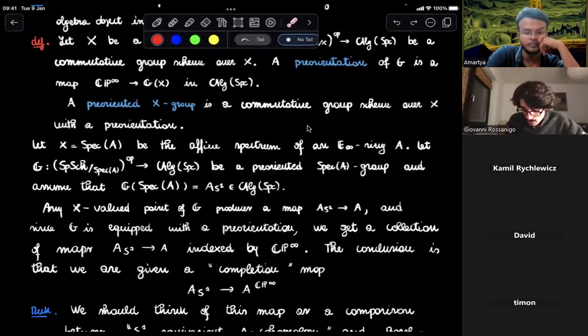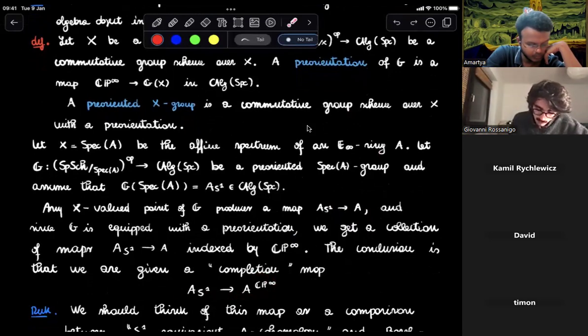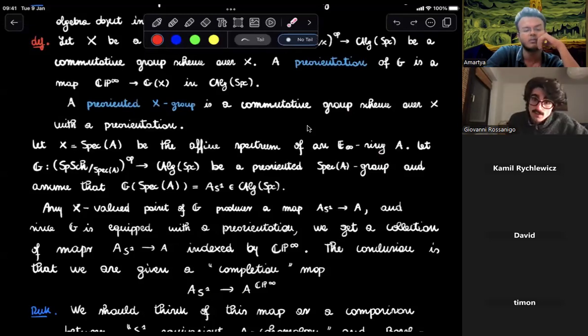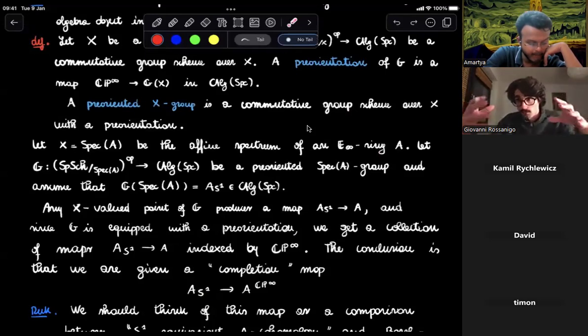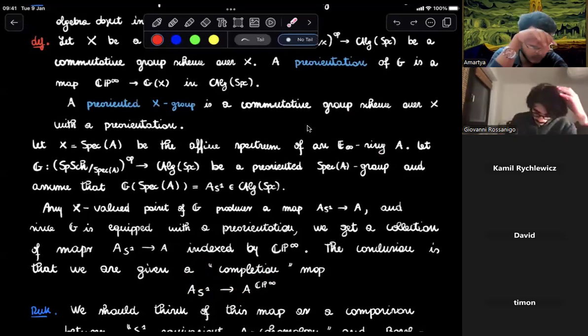In particular, what we get by adding the data of a pre-orientation to the commutative group scheme G is a map from the global sections to the cotensor of A over CP infinity. And this is the comparison map I was talking about before. We have to think of the left-hand side as the naive cohomology theory, and the right-hand side as the Borel equivariant cohomology theory.